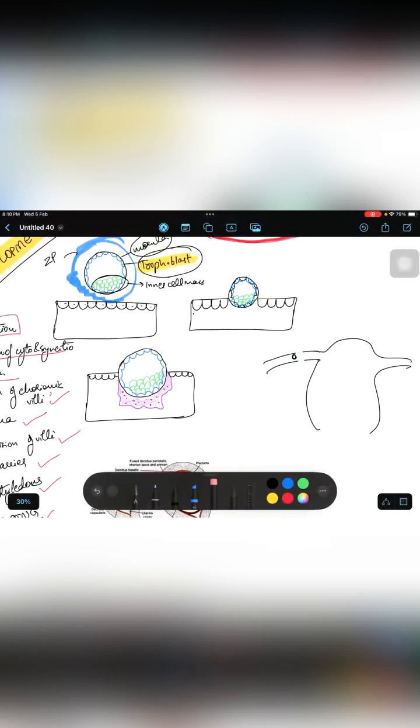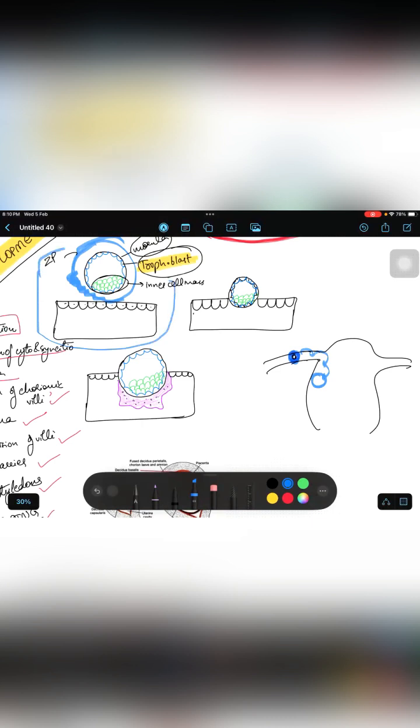That's why you have a protective covering around the morula, that is the zona pellucida. This prevents the attachment of the morula to the tube. So this morula will be rotating, revolving, and it enters into the uterus.